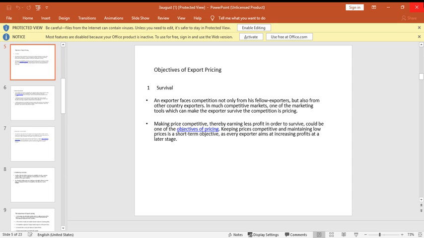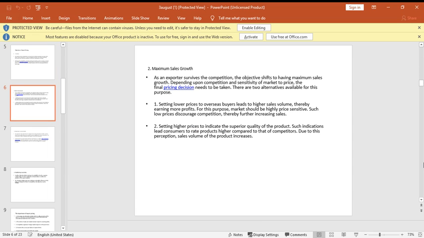Next one is maximum sales growth. As an exporter survives the competition, the objective shifts to having maximum sales growth. Depending upon competition and sensitivity of the market to price, the final pricing decision needs to be taken. There are two alternatives available for this purpose.